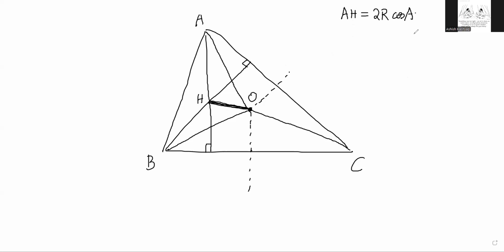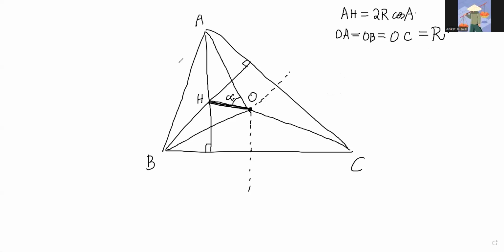AH we definitely know, and we are calling the angle AOH as alpha. We also know OA is equal to OB is equal to OC is equal to capital R.